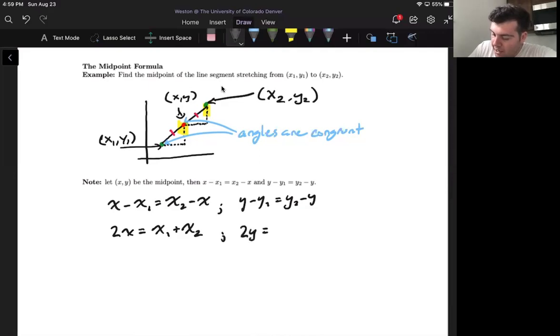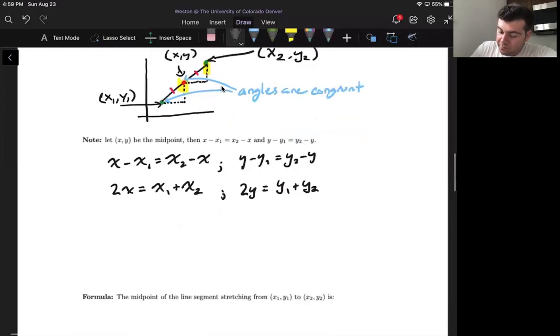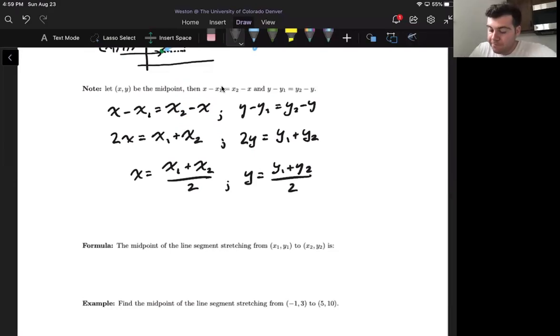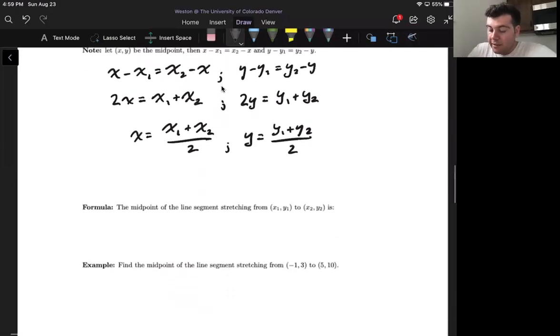So 2y equals y1 plus y2. And then finally, x equals (x1 plus x2) over 2, y equals (y1 plus y2) over 2. And that actually gives us the midpoint formula.